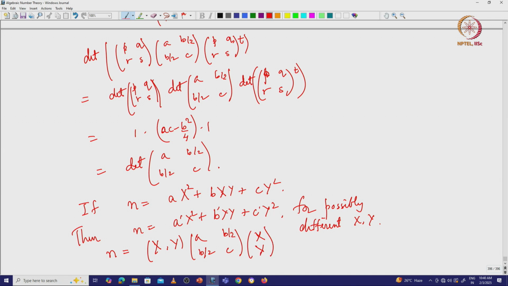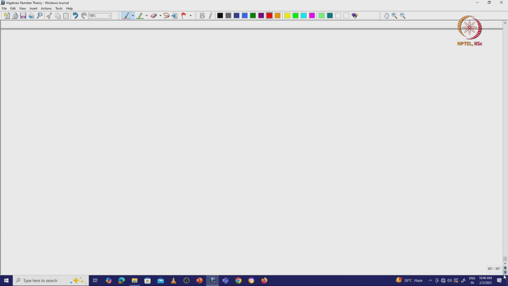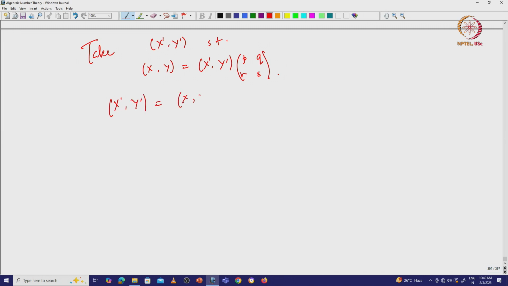All right. But what I can do is take x' y' such that (x, y) is equal to (x', y') times (p q; r s). You just take (x', y') to be (x, y) times (p q; r s) inverse.